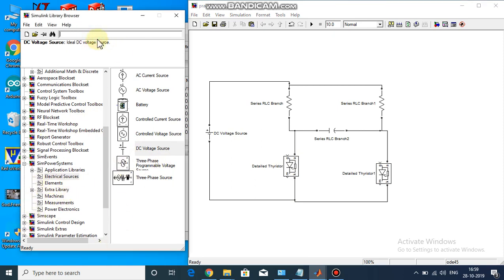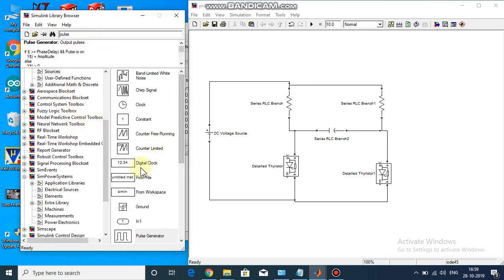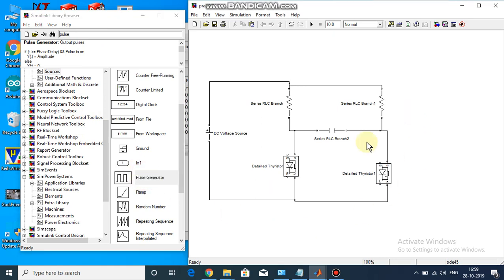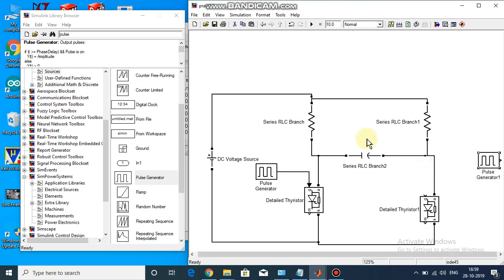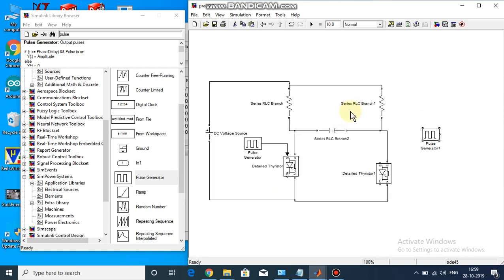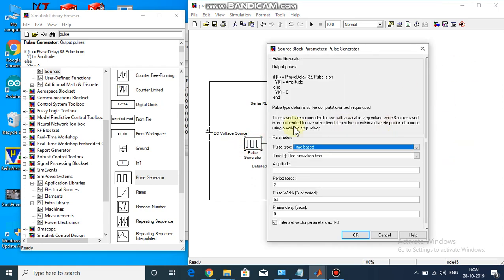I'm unable to find the pulse generator, so just search pulse, and we have the pulse generator. We require two such pulse generators, so one pulse generator for each. Use Ctrl R. The pulse generator is connected, just neatly organizing this circuit.